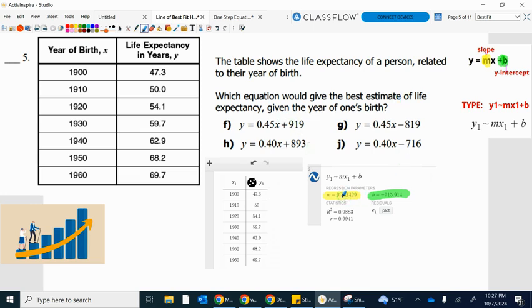Our slope is 0.40. This one is 0.45, so that's not it. Okay, so these both have 0.40 as the slope. So we'll need to look at the y-intercept. Our y-intercept should be negative, so this is our closest answer.